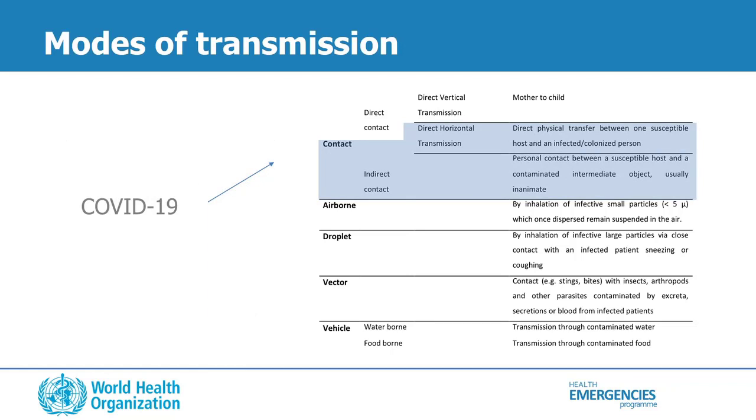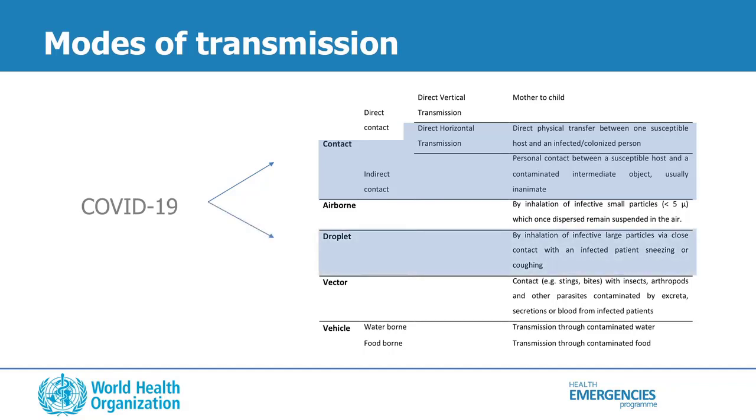Direct contact, which occurs through direct physical transfer between a susceptible host and an infected person, or through indirect contact, which refers to contact between a susceptible host and a contaminated intermediate object, usually inanimate.